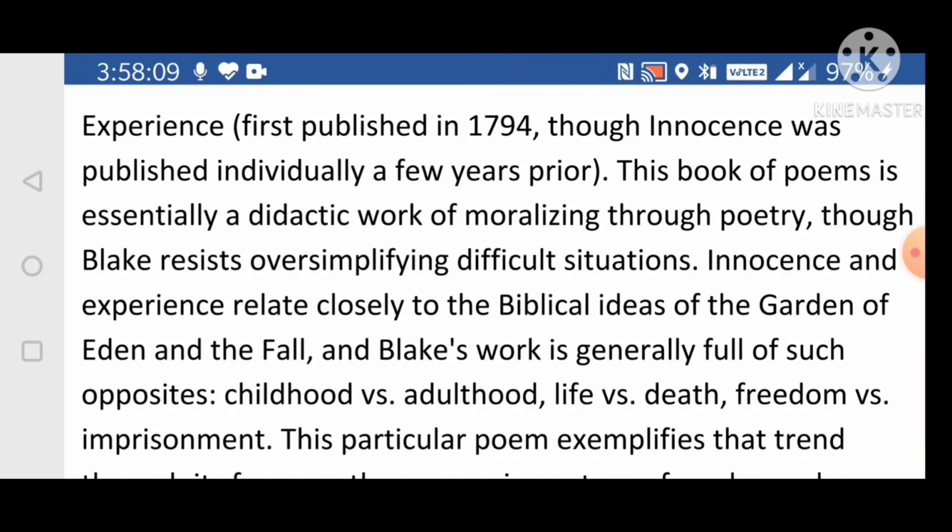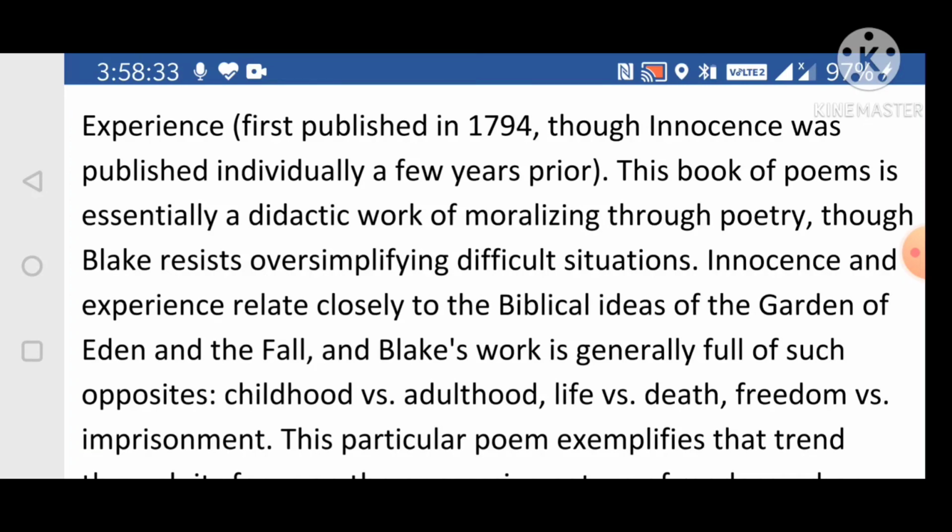Though Blake resists oversimplifying difficult situations, Innocence and Experience relate closely to the biblical ideas of the Garden of Eden and the Fall. This is the story of Adam and Eve, if you remember, that I had told you when we were in class in first year.